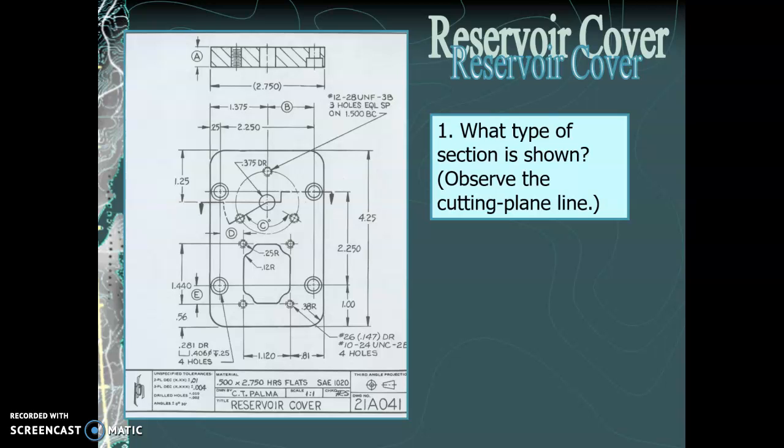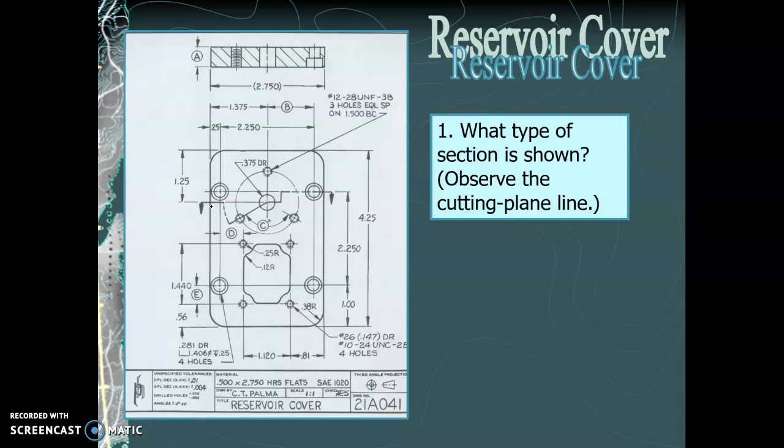Okay, let's look at an example exercise here. What type of section is shown? We just talked about section views, I believe in the last chapter or maybe the chapter before, so this is just a little bit of a review. The hint here in parentheses is telling us to observe the cutting plane line.